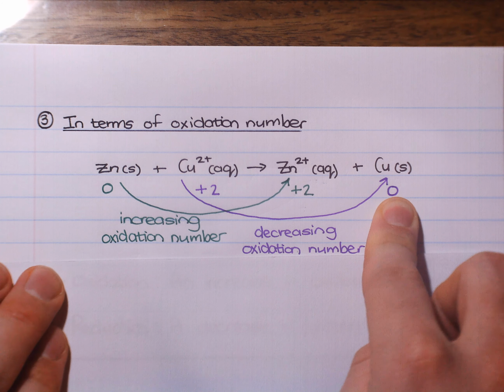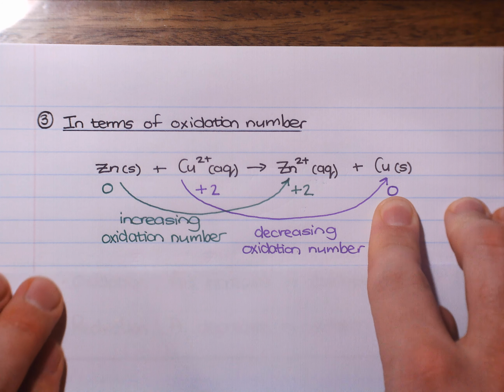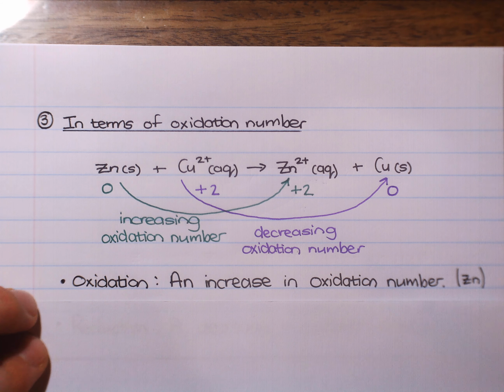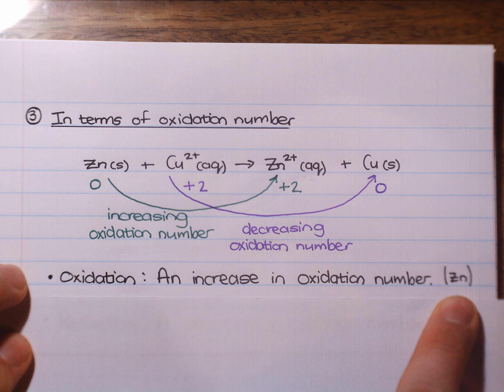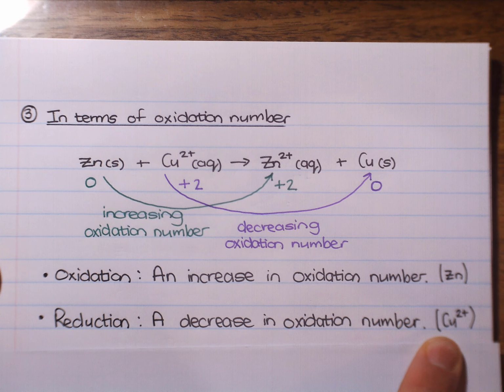So if we define oxidation and reduction in terms of oxidation number, we will define oxidation as an increase in oxidation number. That is what happened with the zinc, whilst reduction will be defined as a decrease in oxidation number, which is what happened to the copper 2+ ion.